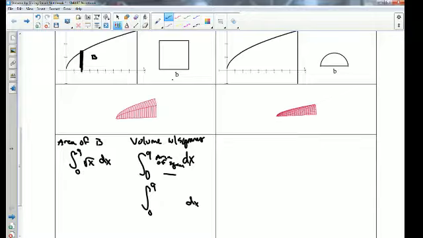Root of 2. There you go. So in general, root x, because that's the function. So this would be root of 1, root of 2, square root of 3, square root of 4, square root of 5, right? So the square root of x value.